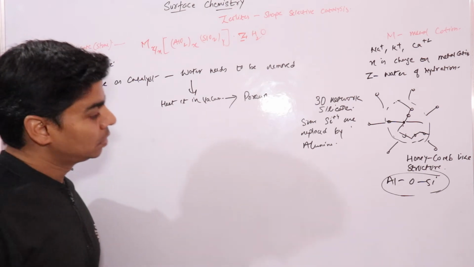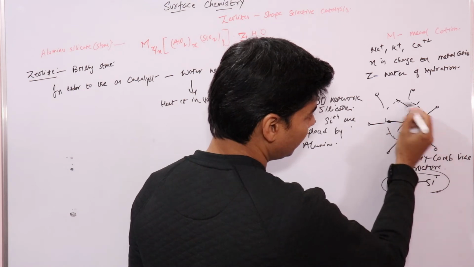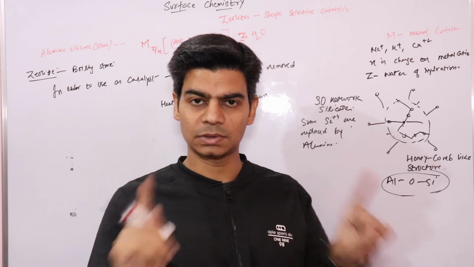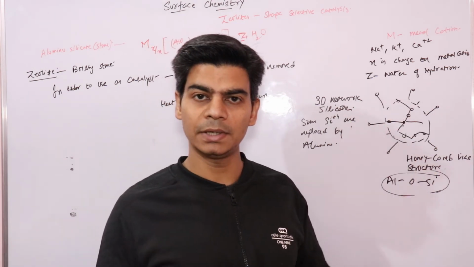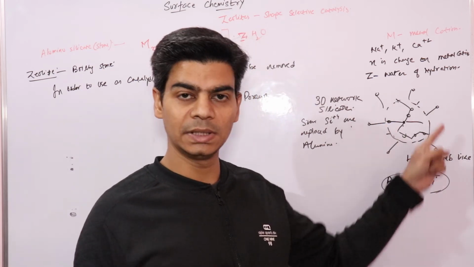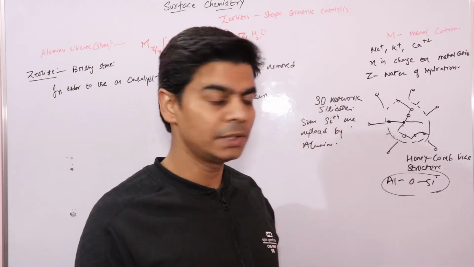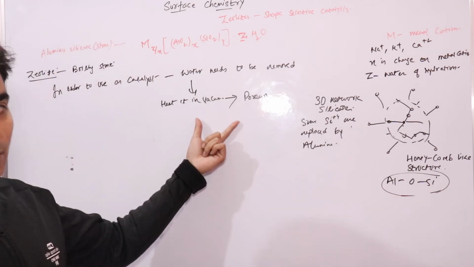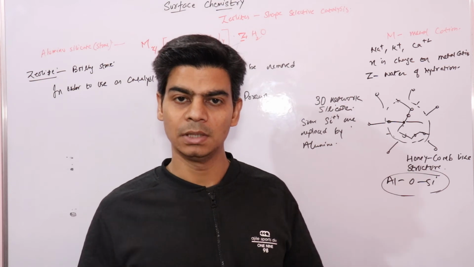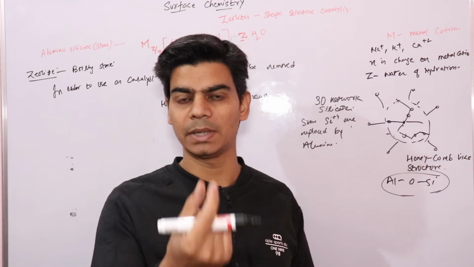Why? Because the structure of the aluminosilicate has pores on its surface in which water is trapped. When you heat this aluminosilicate, the water trapped on the surface gets removed, and now these cavities or pores become empty.